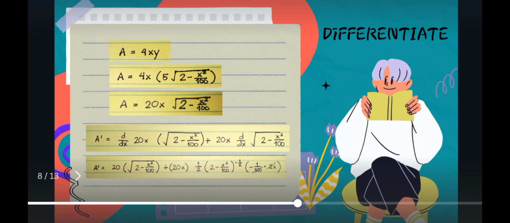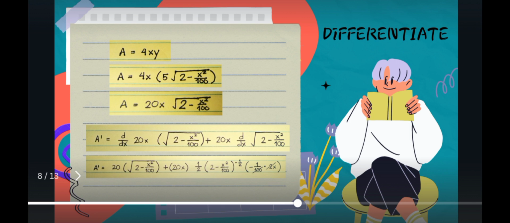Let's change it into exponential form. Its exponent will be 1/2, so we bring forward 1/2, then copy the inner function 2 minus x squared over 100. Then let's subtract 1 from the original exponent, which is 1/2. So 1/2 minus 1 will be negative 1/2.